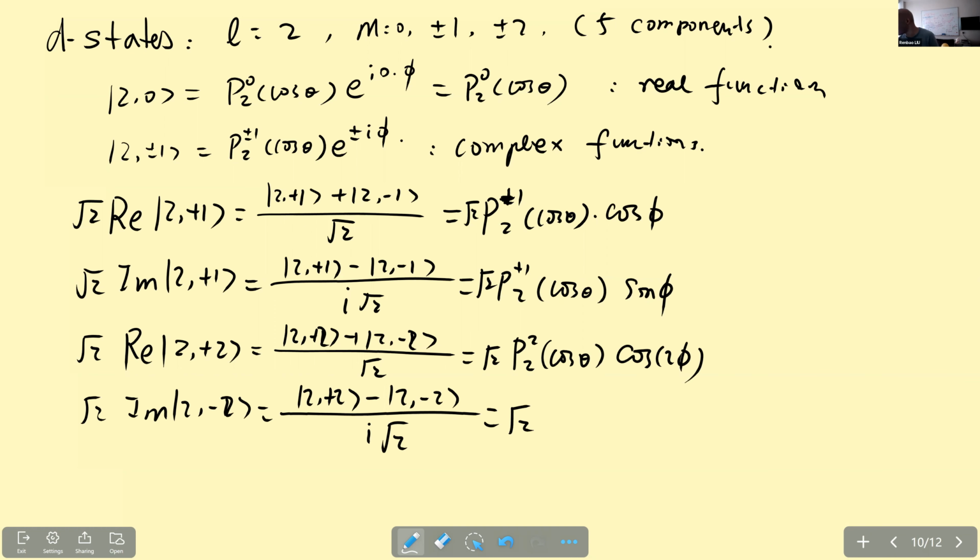That equals square root of 2 times P_2,2 of cosine theta, and now cosine 2 phi. And you have also this one, the imaginary part with Y_2,2 minus Y_2,minus 2, that equals square root of 2 times P_2,2 cosine theta times sine 2 phi. So those are the states, and these are all real functions.